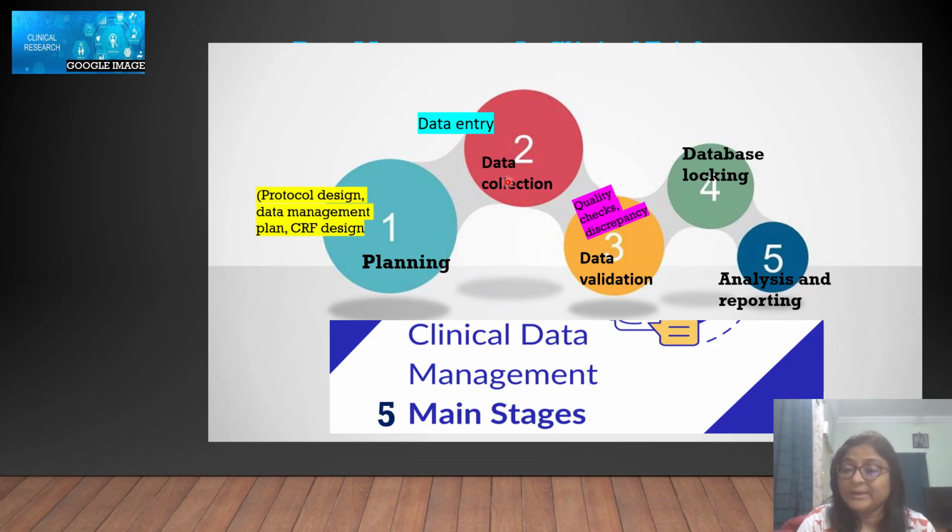Then data entry, that is when participants are coming, at that level there is the first data entry. It is done by paper and e-system both. I have explained all these things in detail. You can see there. Then the third stage is data validation. Then it is seen what data are entered, are they right, or is there any discrepancy?